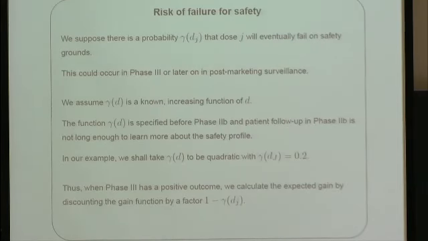One thing that's very important is to do something to model safety. If that's missing, you're always going to take the top dose because we've got a monotone increasing efficacy curve. And the way that's included is by having a risk of failure due to safety problems, which is itself increasing in dose. And in this very simple setup, I'm keeping this independent of everything else.